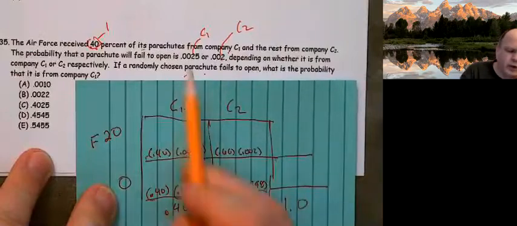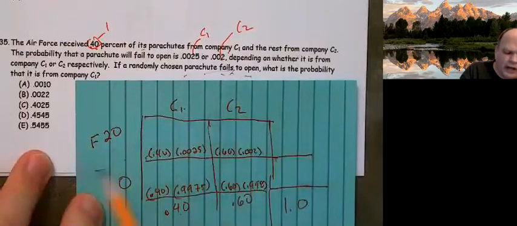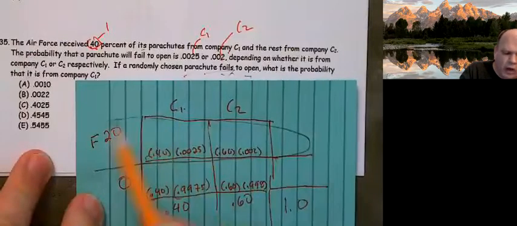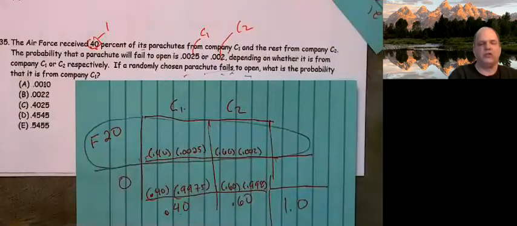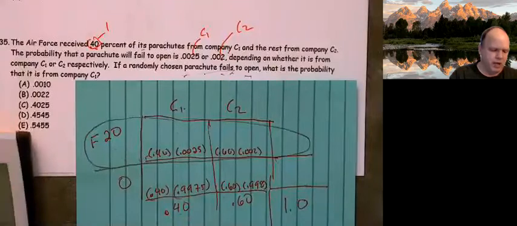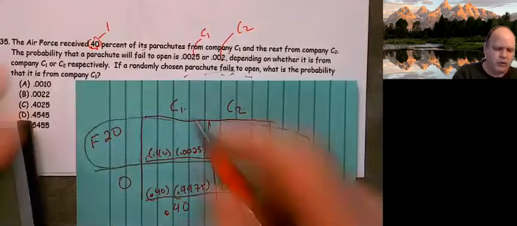If a randomly chosen parachute fails to open, well, here's my fail to open. So at that point, I know I have to do some work on that. I'm going to do some calculations. It'll take me just a moment to multiply all that stuff out. So 0.4 times 0.0025 gives me 0.001.